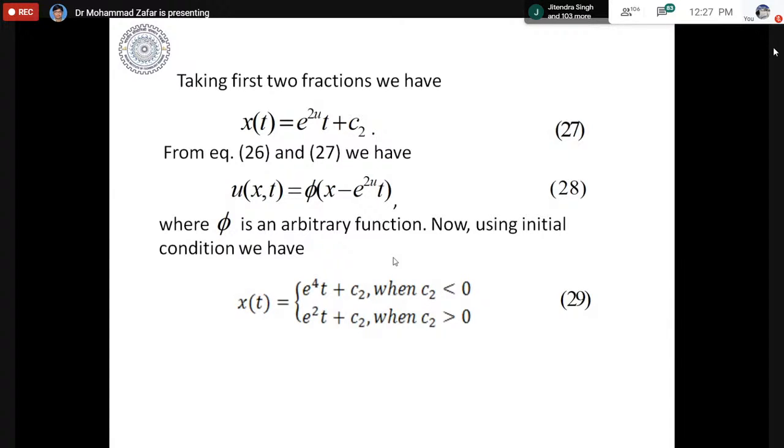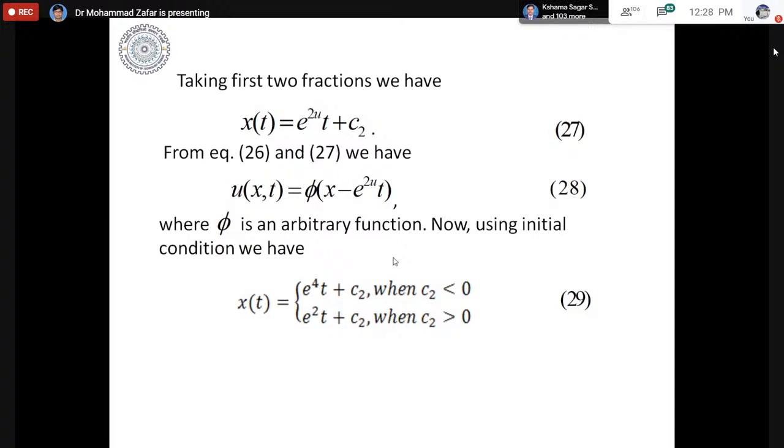This is the basic Lagrange method. Now c1 was u and c2 is x minus e^{2u} t. So c1 can be written as phi of c2. So this in turn can be written as u(x,t) = phi(x - e^{2u} t), where phi is an arbitrary function.